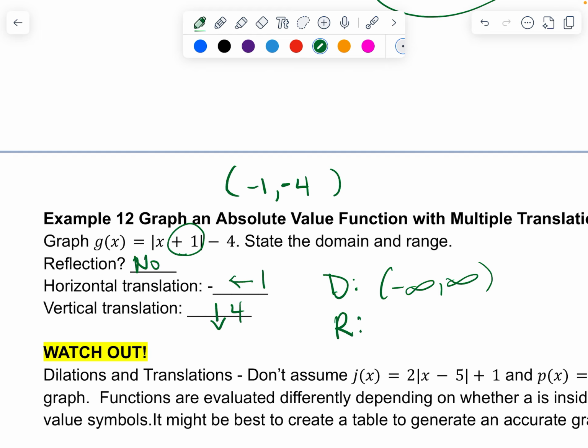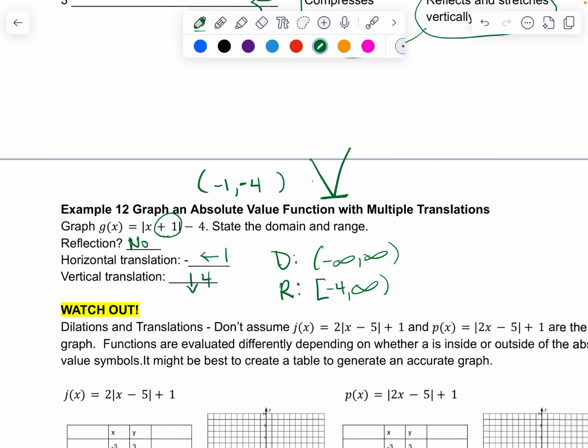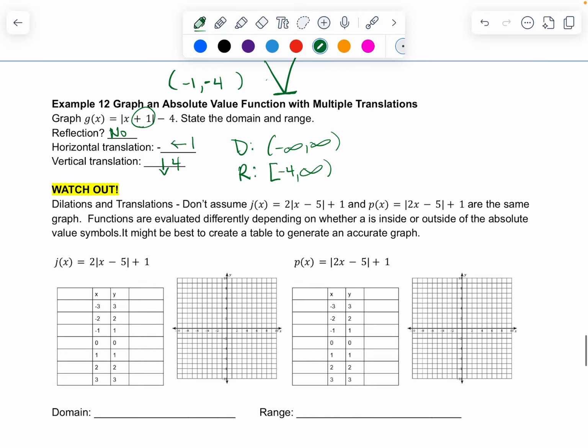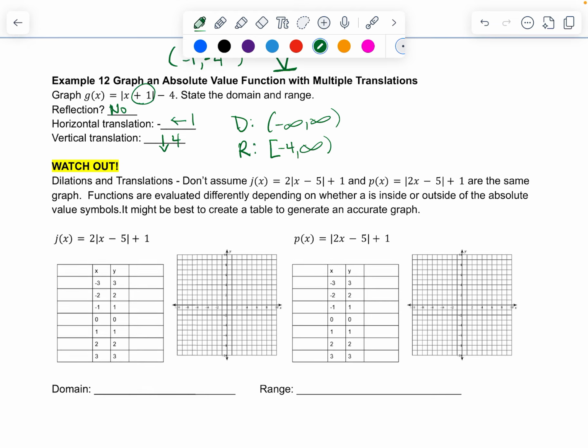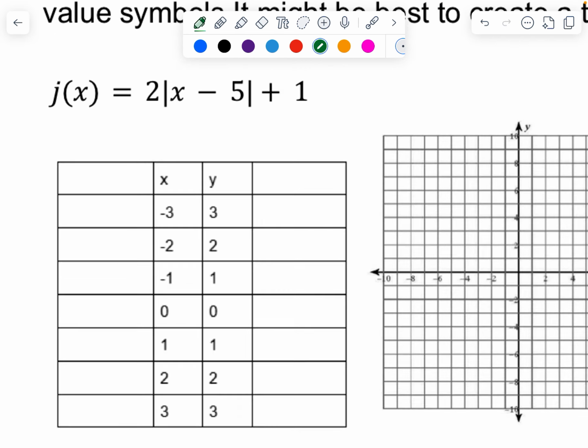So that means that it's going to look like this. This right here is the lowest point that the range could be. So the y value, the lowest point, is -4, and it would go up to +infinity. Okay, so look at this. Don't assume that these two are exactly the same.